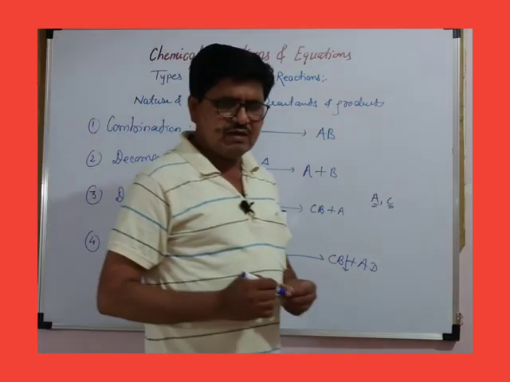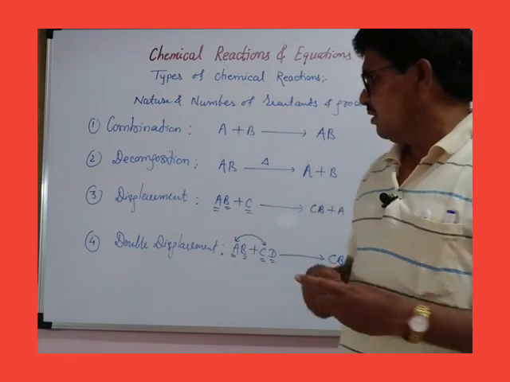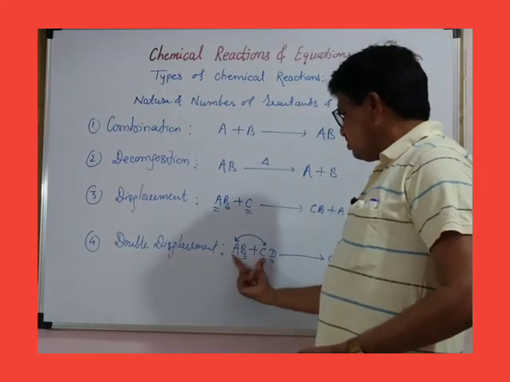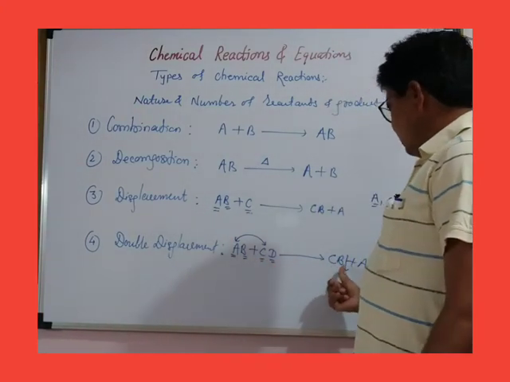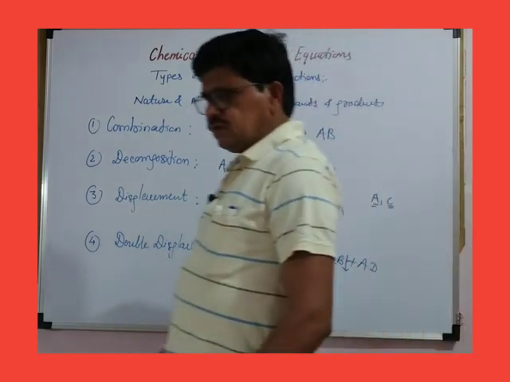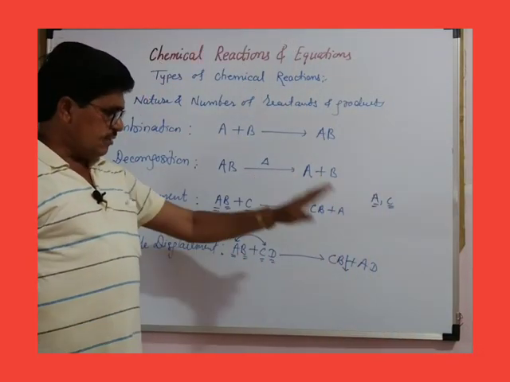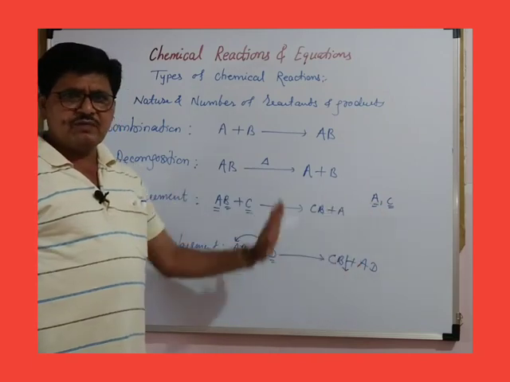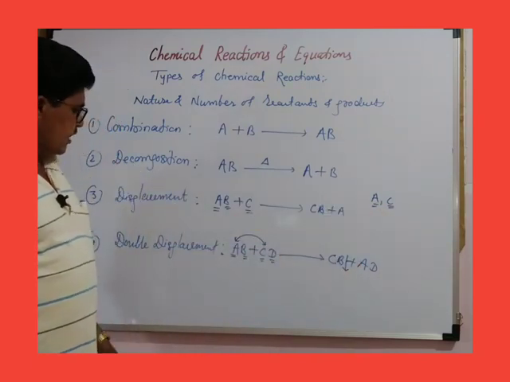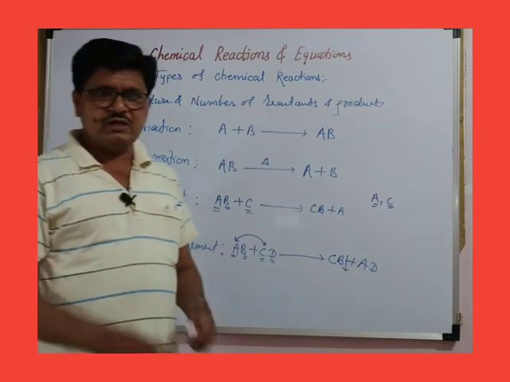That type of the chemical reaction is known as the double displacement. There is the exchange of the ions in the reactants and a precipitate is formed in the product. That type of the chemical reaction is known as the double displacement reaction.